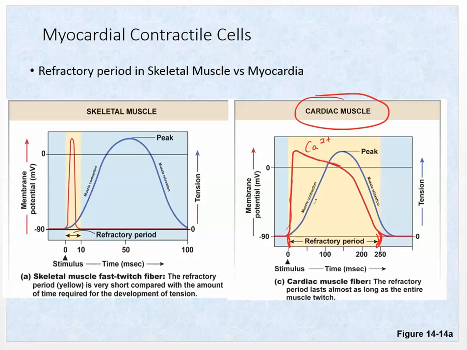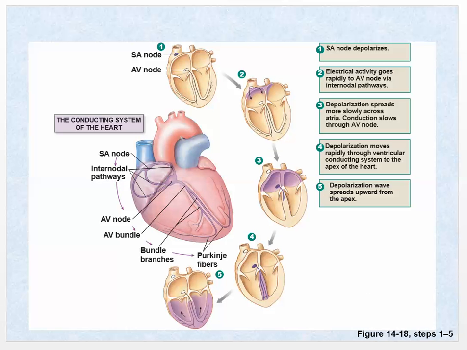So the muscle contracts, and then you have almost complete relaxation before you're ready for another contraction. Hopefully that makes sense, and you can see this difference, because the difference between that refractory period and this refractory period is the biggest difference between skeletal muscle and cardiac muscle, and why cardiac muscle cannot stay contracted. You can't use it in the same way. You can't pick up something heavy with your heart because you can't keep it contracted.